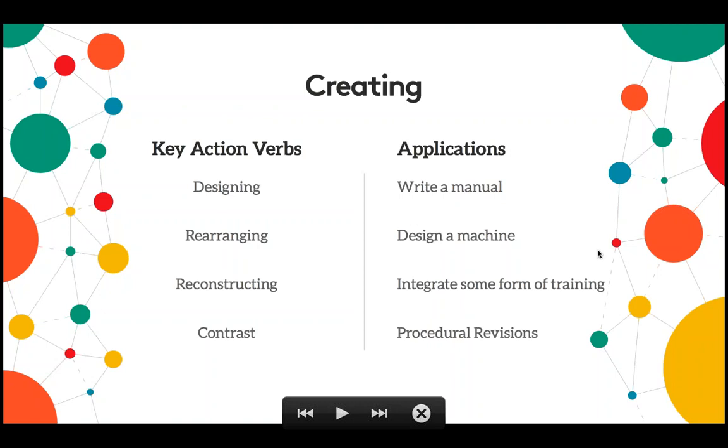Basically, this is the process of taking everything that you have learned, everything you've applied, everything you've evaluated, and you're saying, I can start from scratch, I can create a situation, I can create a solution, I can provide rationale. You are doing everything in this process.